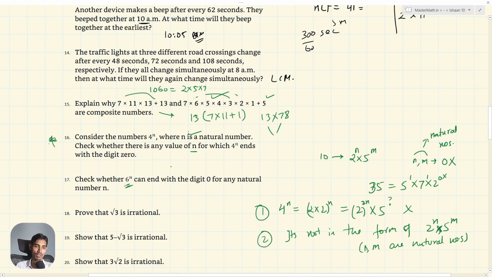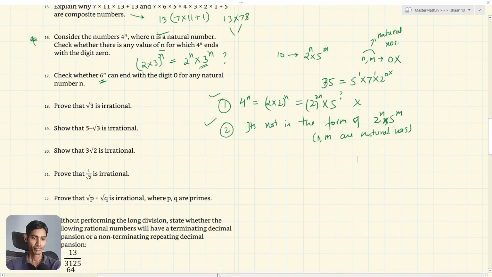So 2 into 3 power n is 2 power 1 and 3 power n. Now again 5 power m is missing. Therefore it is not. Although you might sense it, you can check 4 power 1, 4 power 2, 4 power 3, you have to write it. This is the way to write it.